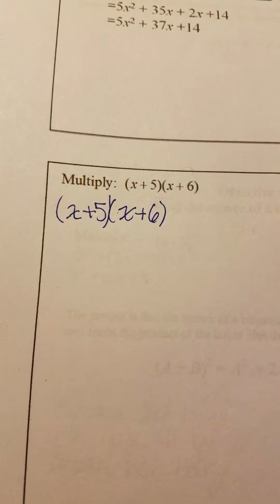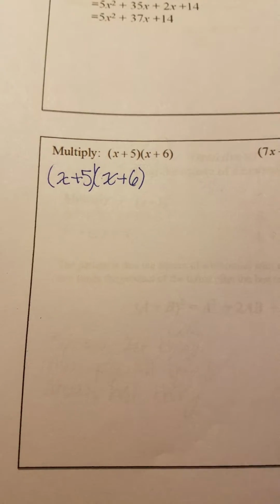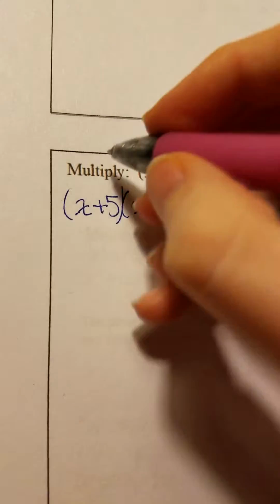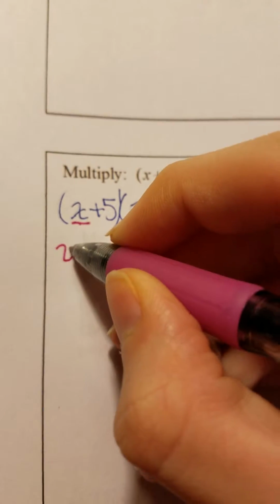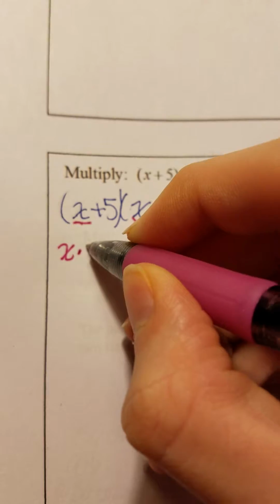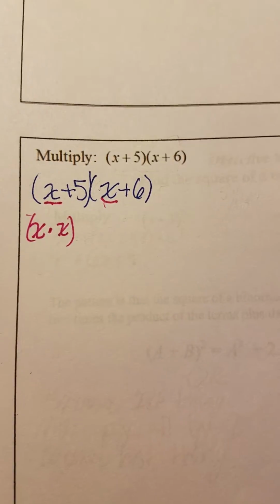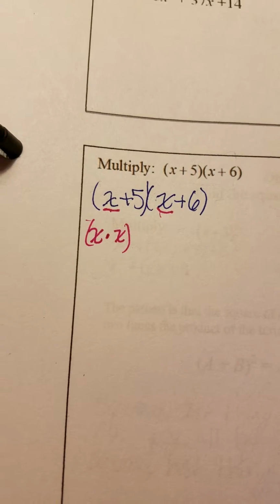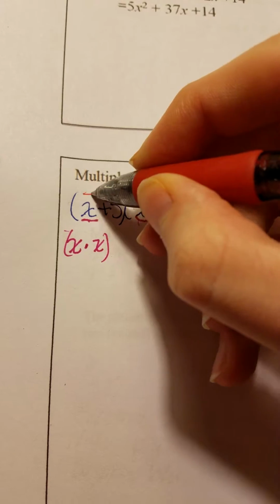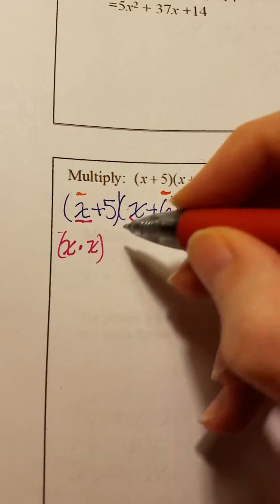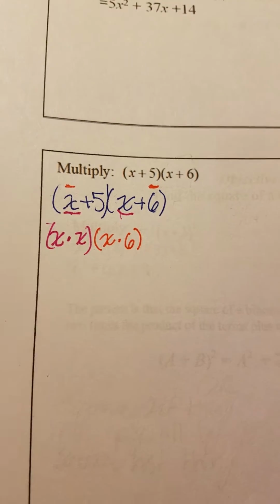So, first, we will multiply our firsts, which would be x times x. And then our outer, x times 6.